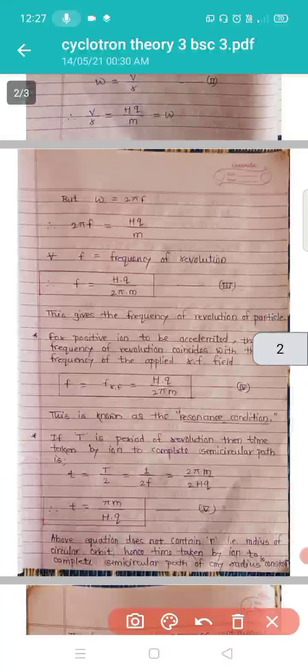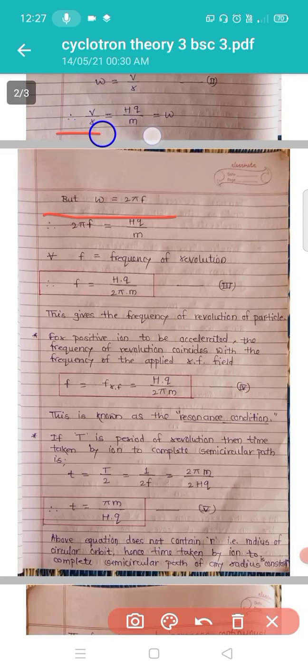Since both omegas are equal, we equate the equations and get 2 pi f is equal to Hq upon m.